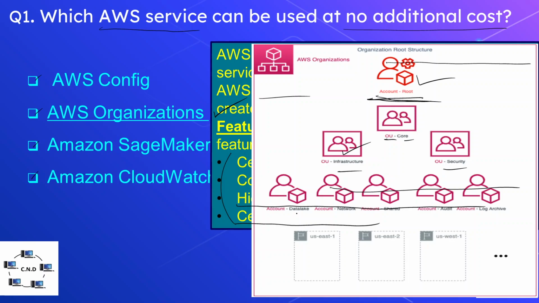And inside each, we again have accounts related to database, network, shared, audit, etc. This whole architecture is done through AWS Organizations, and this gives a hierarchical grouping, such as the root at the top, then these OUs, and at the end, the end user accounts. So this is the concept of AWS Organizations, and it can be used at no additional cost.